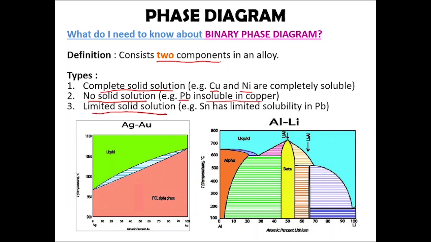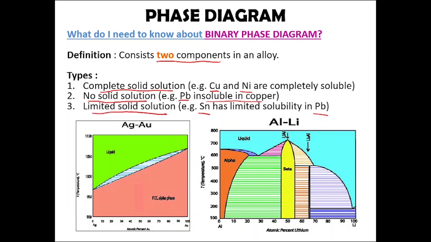And then for the third one, we have limited solid solution. For limited solid solution, it means that the impurities can mix together in the host element to a certain extent. For example, over here we have Sn has limited solubility in Pb.